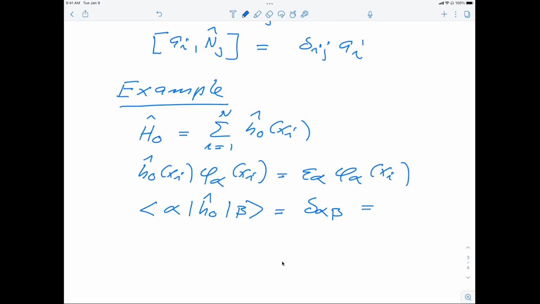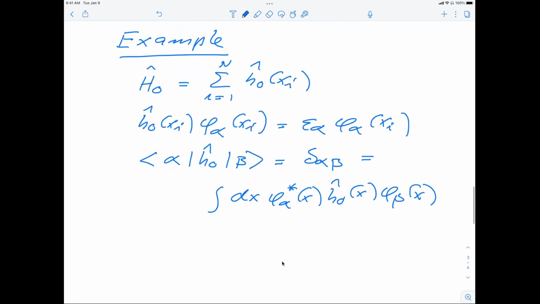And this is the same as the integral over dx, and then we had phi alpha complex conjugate of x, H0 of x acting on phi beta of x. So we are just going to assume that this is the operator, which defines a one-body type of many-body operator.